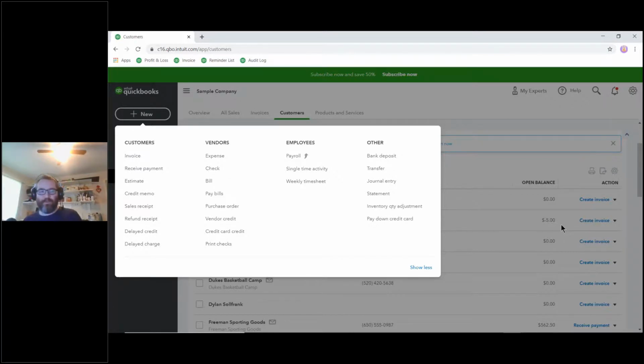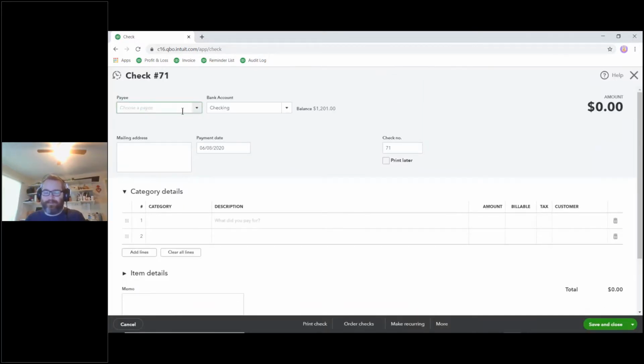The best choice that you have is to either create an expense or a check, depending upon how you pay them back. If you're paying them back with a check, like a physical check that you can hold in your hands, you would use a check. If you're paying them back with a debit card refund or wiring them the money or something like that, anything other than a check, it'd be an expense, right? So I'm going to say we're going to write them a check for $5. So here's the tough part.